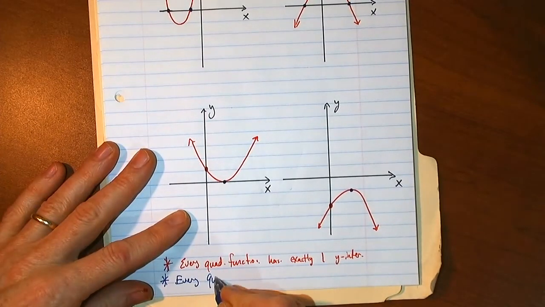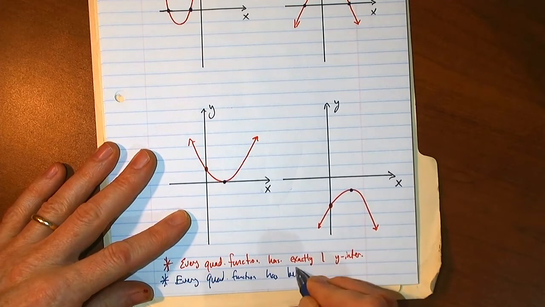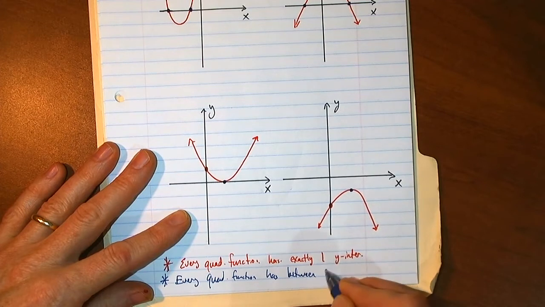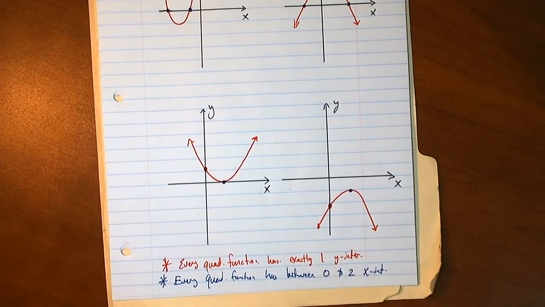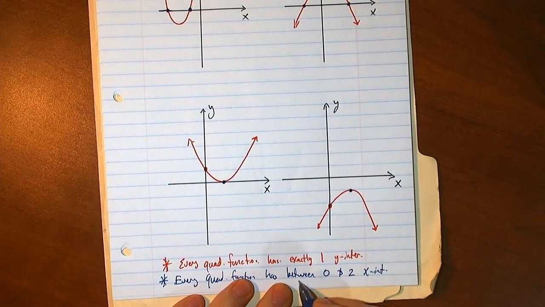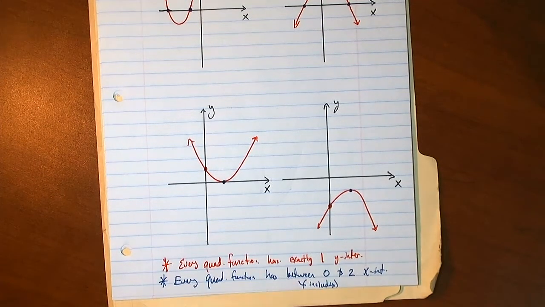Every quadratic function has between 0 and 2 x-intercepts. And when I say between 0 and 2, I mean including 0 and 2, right? It could be 0, it could be 2, it could be 1. So when I say between 0 and 2, I include 0 and 2 as part of the options.